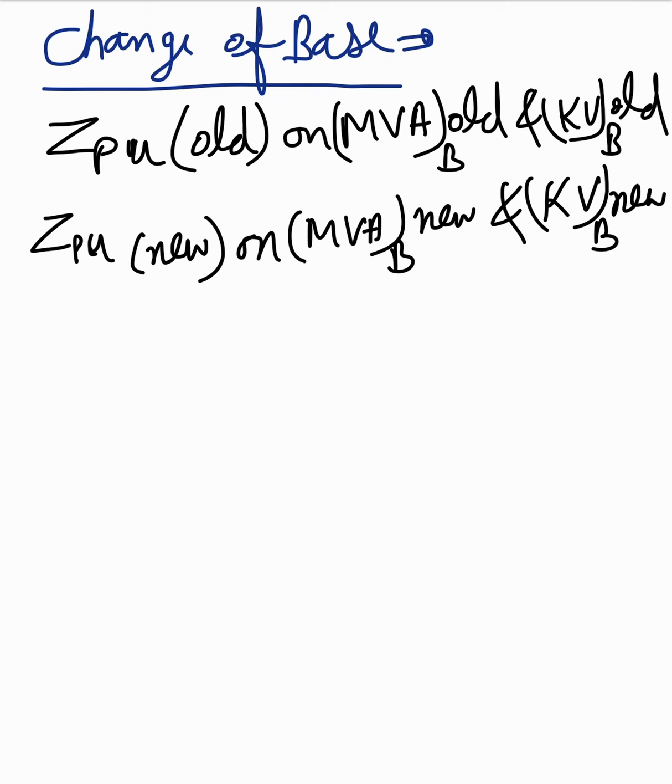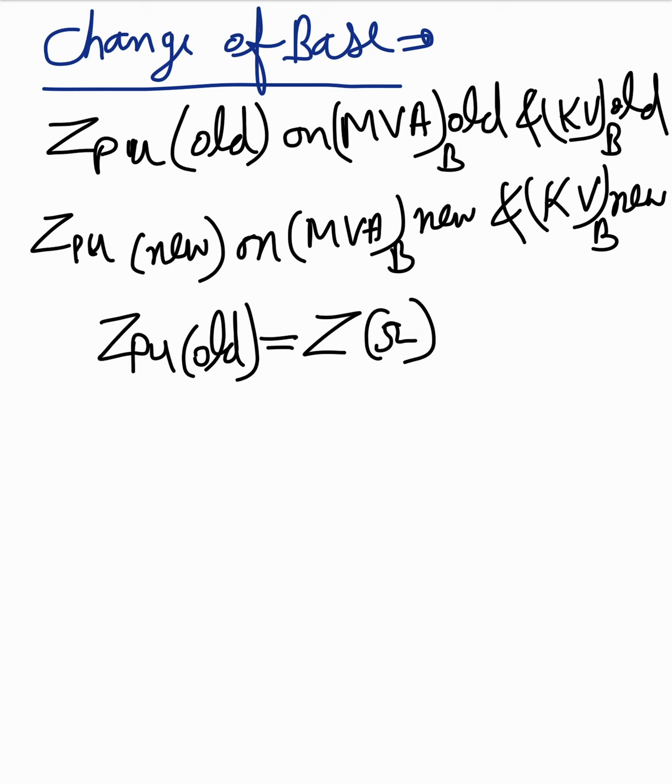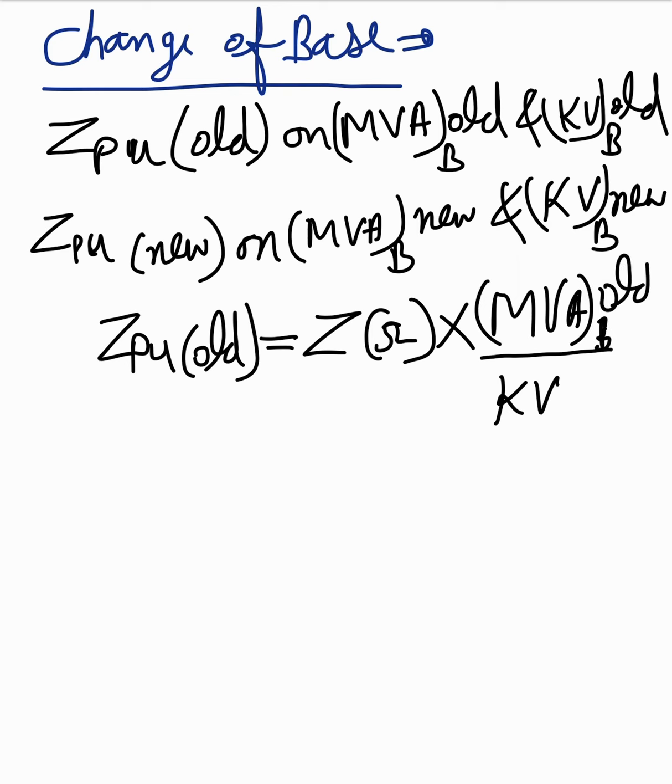So Z per unit old is equal to Z ohm into MVA base old upon kV base square old.